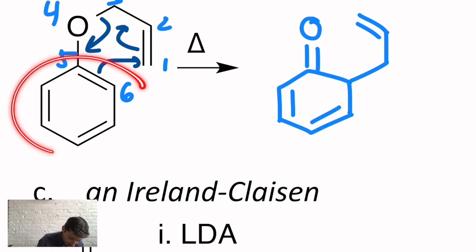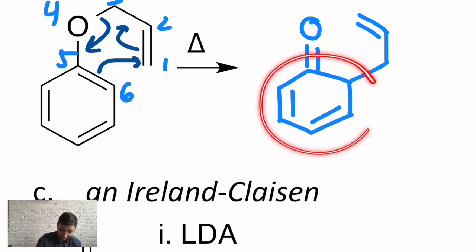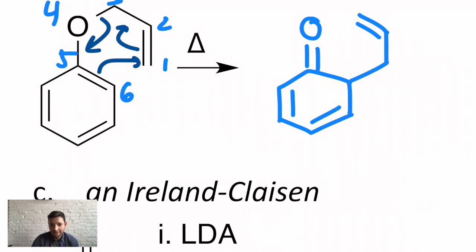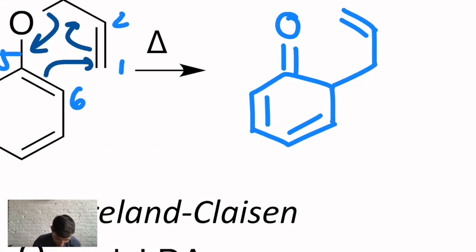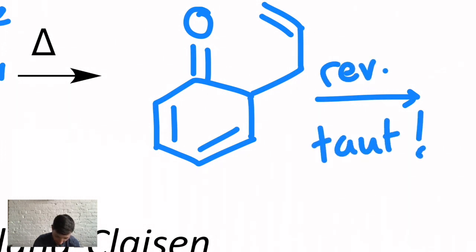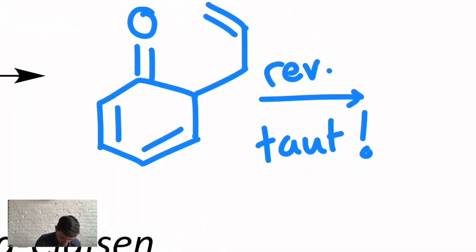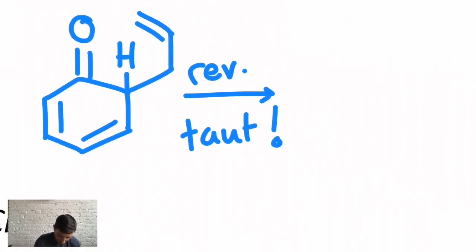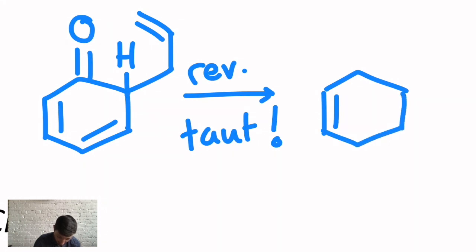Now, notice my starting material was aromatic, and in the end this molecule does not like that it lost its aromaticity. So it's going to re-aromatize and undergo a reverse tautomerization by losing that alpha hydrogen. And the reason for that is because it re-aromatizes the ring.